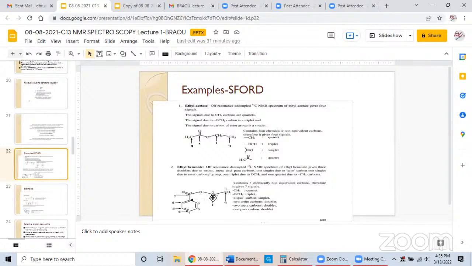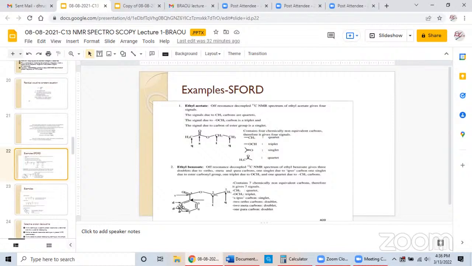Ethyl benzoate, same thing I am showing you. See, 1, 2, 3, 4, 5, 6, 7 carbons are there. So 7 signals you will get. CH3, since it is attached to 3 protons, you will get a quartet. CH2, 2 protons are attached, so you get a triplet. And here, this is not attached to any proton, this is a singlet because it is not attached to a proton.